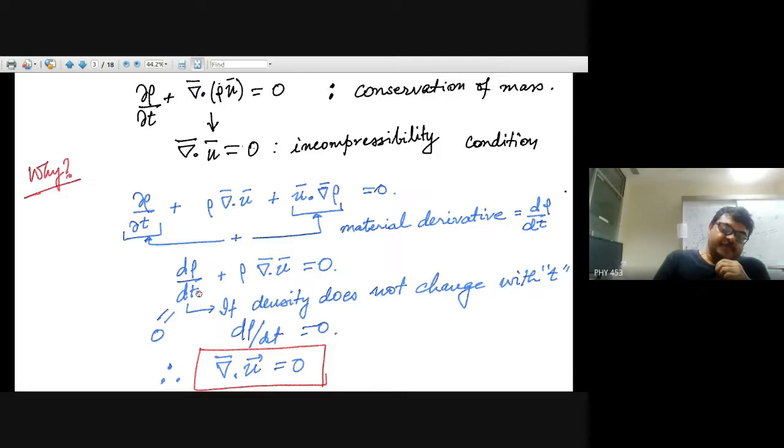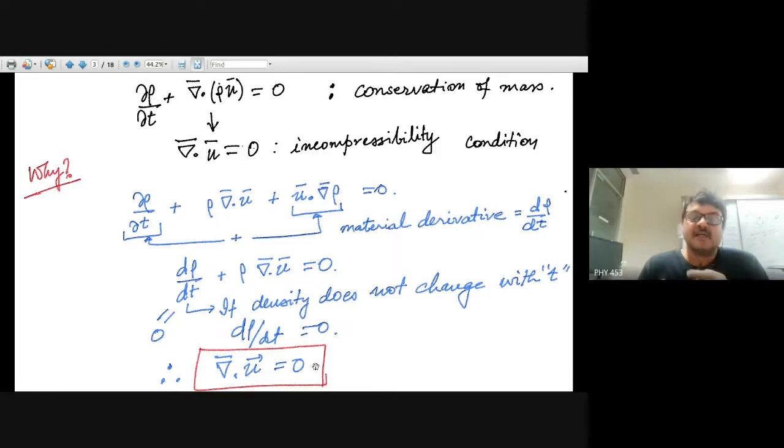Now, if the flow was such that density doesn't change, so even if the fluid element changes and flows along and changes in shape and volume, but the density doesn't change, right? So it's incompressible, there's no fluid flow out of the fluid element, the density doesn't change with time, then del rho del t equal to 0, and the consequence is, since density is not equal to 0, divergence u equal to 0.